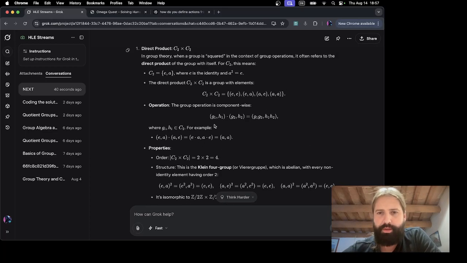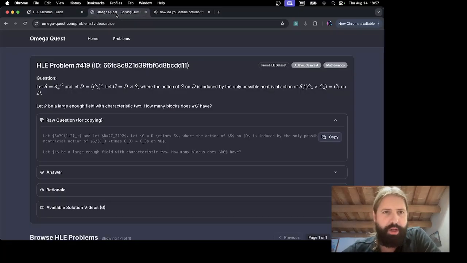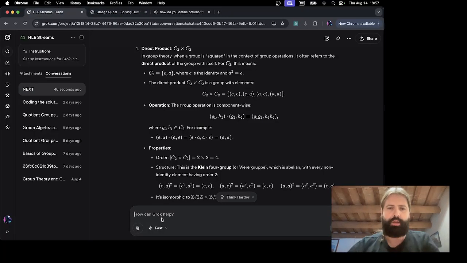So you have these elements basically. That's C2, and C3. Okay, so now let's think about these. So how do you map? Can you put on a table the structure of C2 squared and C3 side by side, please?